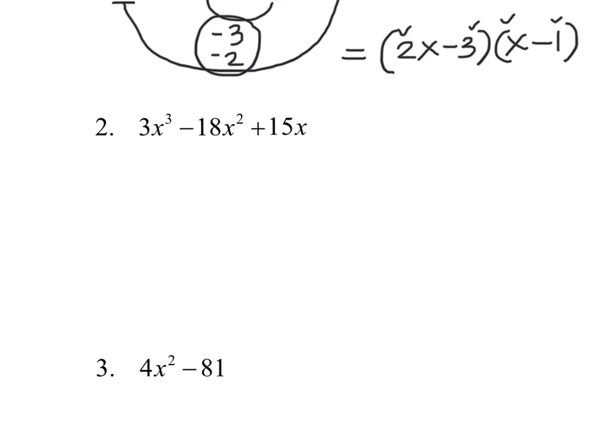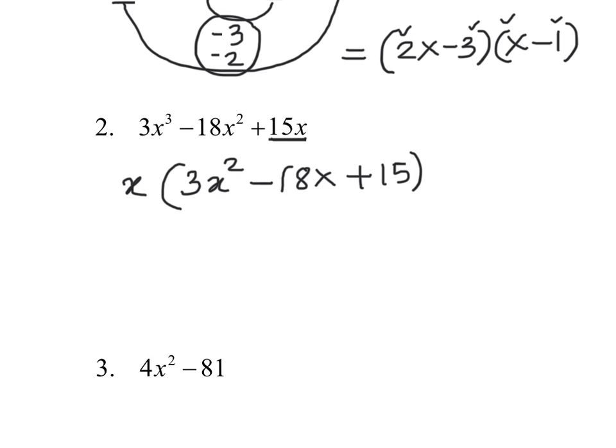I'm trying to factor 3x cubed minus 18x squared plus 15x. But wait a minute, the constant should not have an x in the end. So I'm going to go ahead and factor out an x. So when I factor it, I have 3x squared minus 18x plus 15.